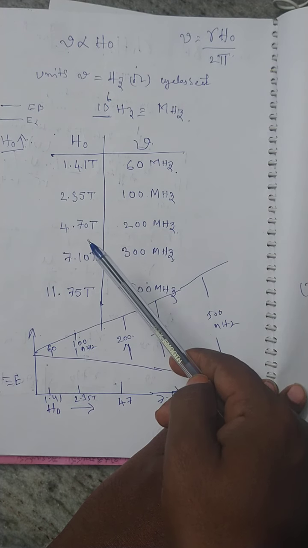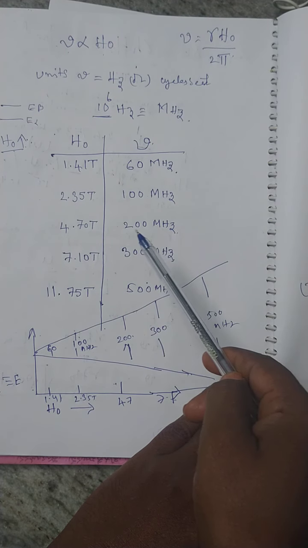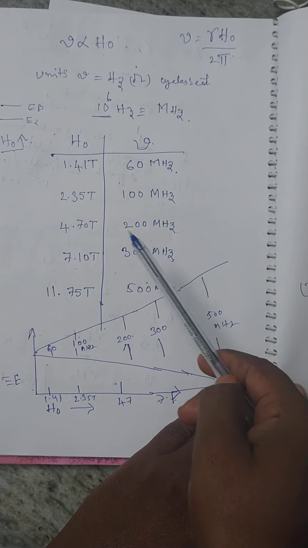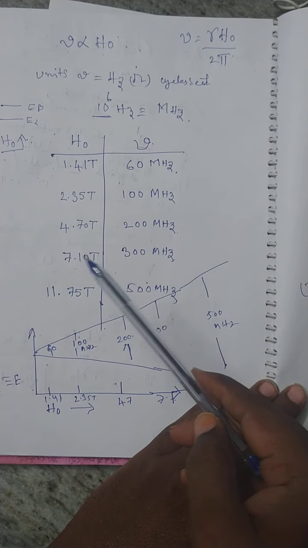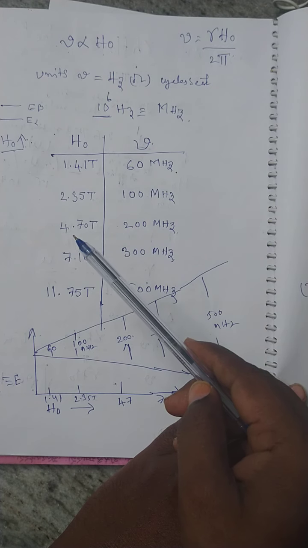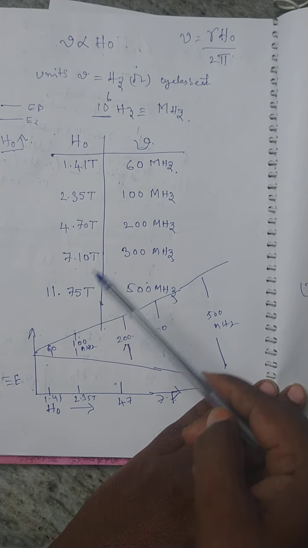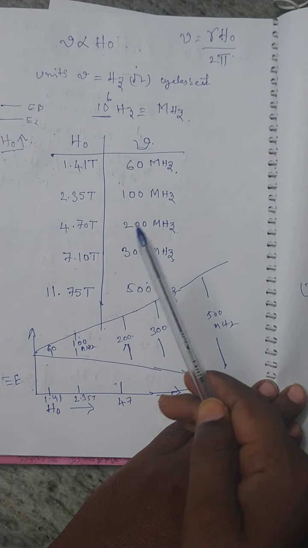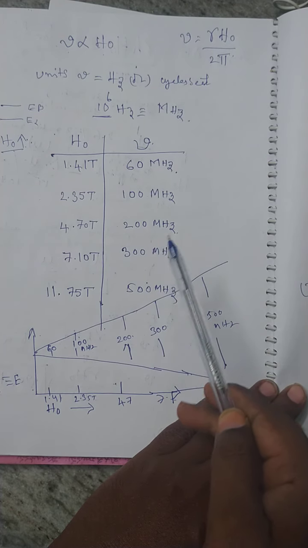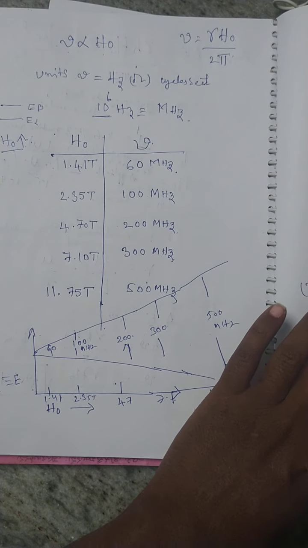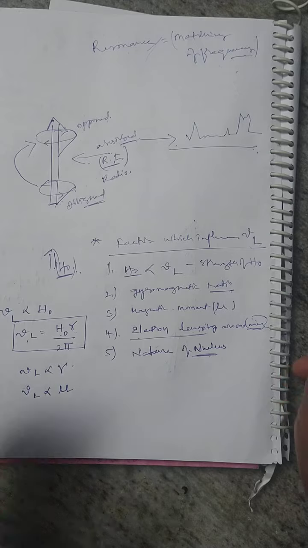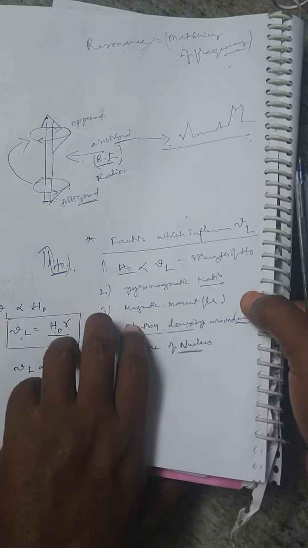And if you go on increasing further like this, evidently the spin frequency is increasing, right? So as the force on the nucleus increases, the spinning nature of the nucleus increases, the precession frequency also increases, right? And the second factor is the gyromagnetic ratio.